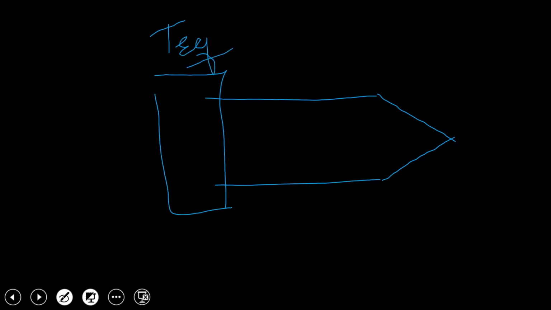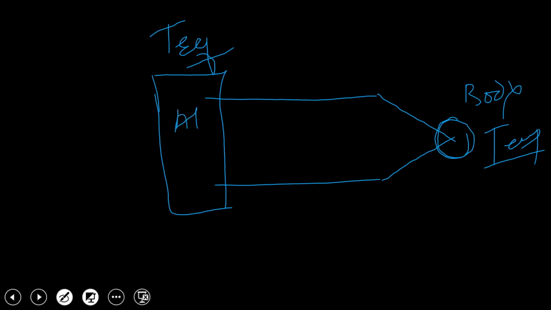Okay, and what we do, we hold one common point at some reference temperature and another joining point of those two dissimilar metal wires will be in contact with the body whose temperature is to be measured. This reference point will usually be at atmospheric temperature or 0 degrees Celsius.